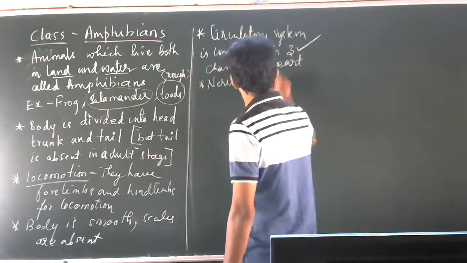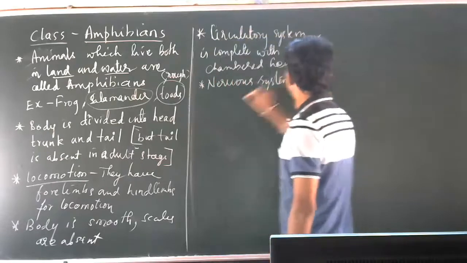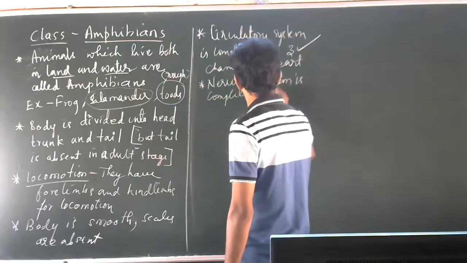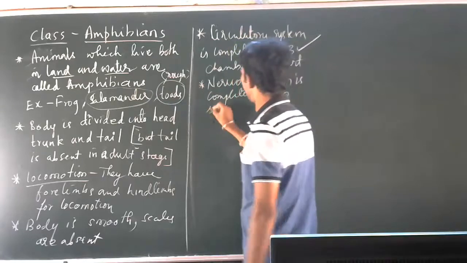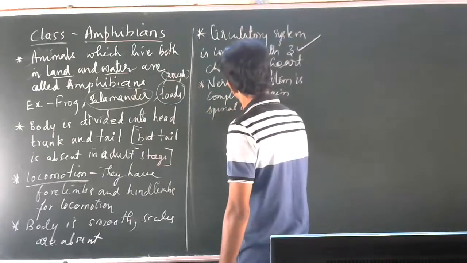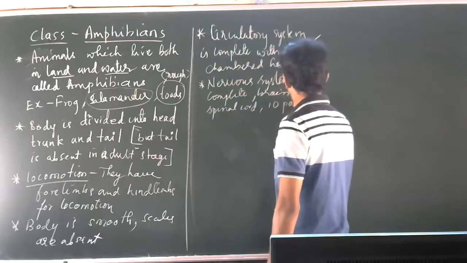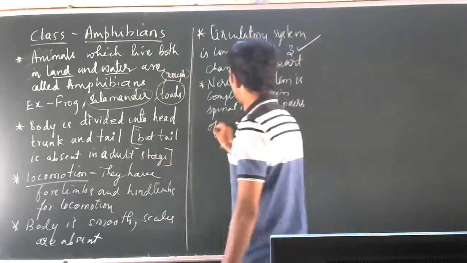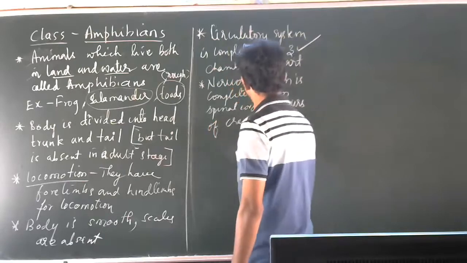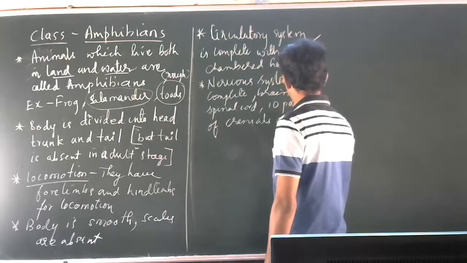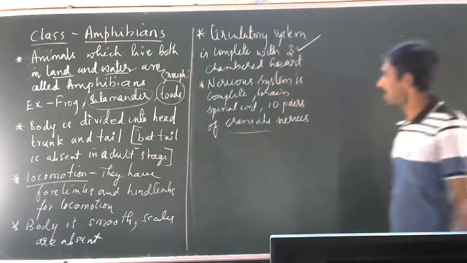Nervous system is complete with brain, spinal cord, and 10 pairs of cranial nerves. I told you what cranial nerves are: these are the nerves which arise from the brain.